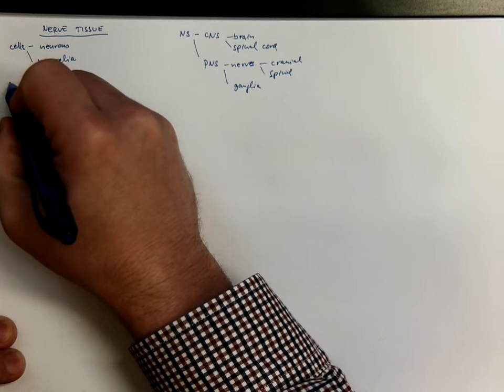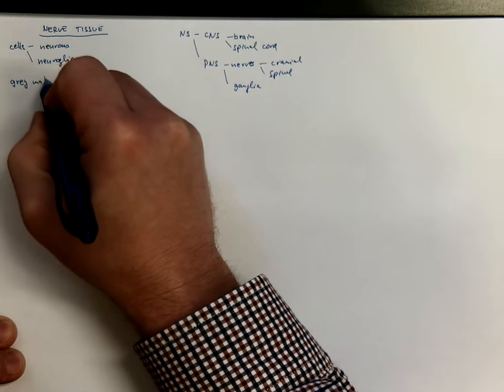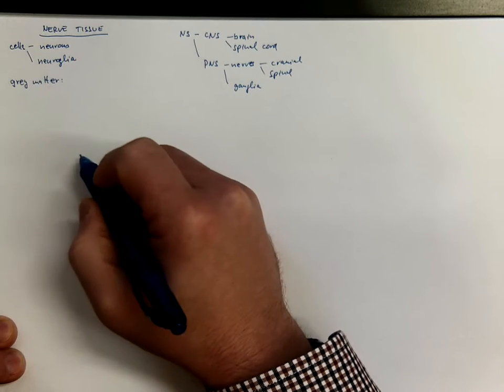And if you will ever hear terms like gray matter and white matter, then the definitions are as follows.